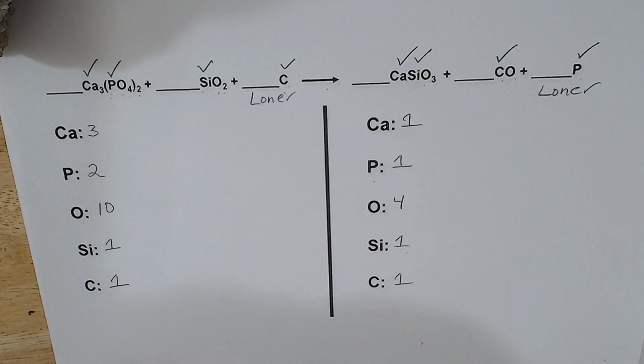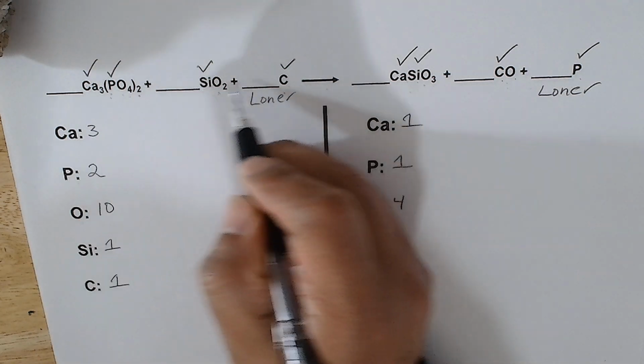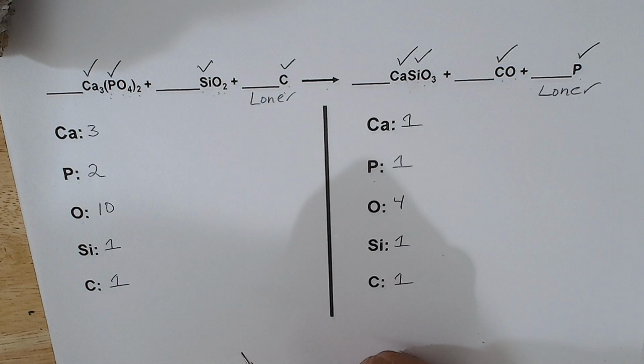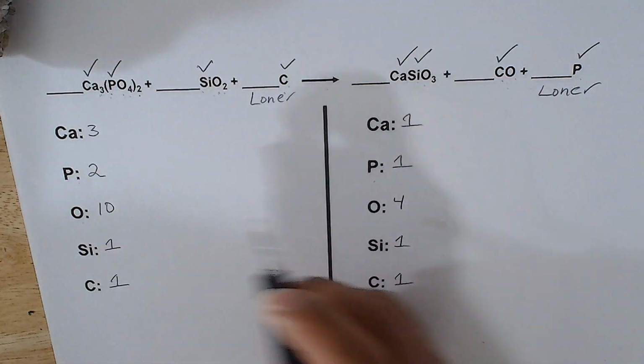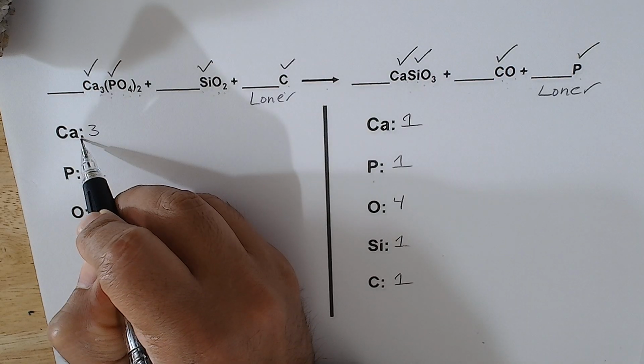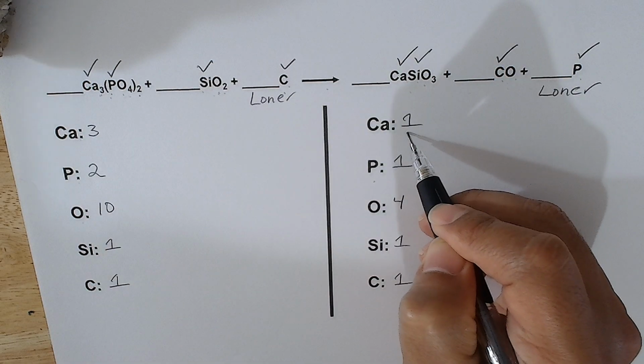The next thing that we're going to do is start with the largest 1:1 ratio, also known as the pair element. And this is the element that has the largest subscript. So out of the ones that I put the check mark, the one with the largest subscript is going to be calcium. So I have 3 calciums in the reactant side, so I need to have 3 calciums in the product side.